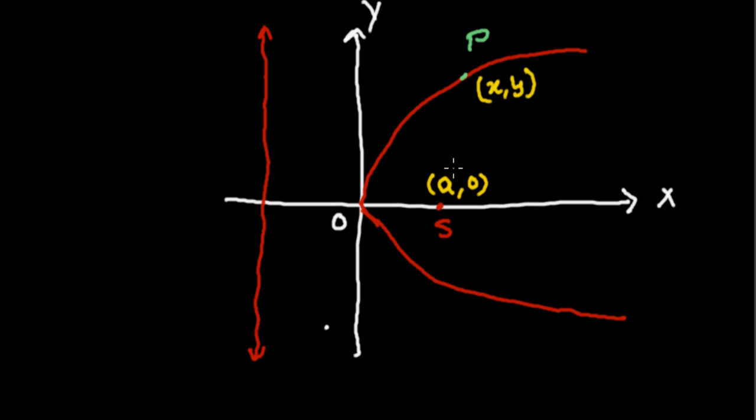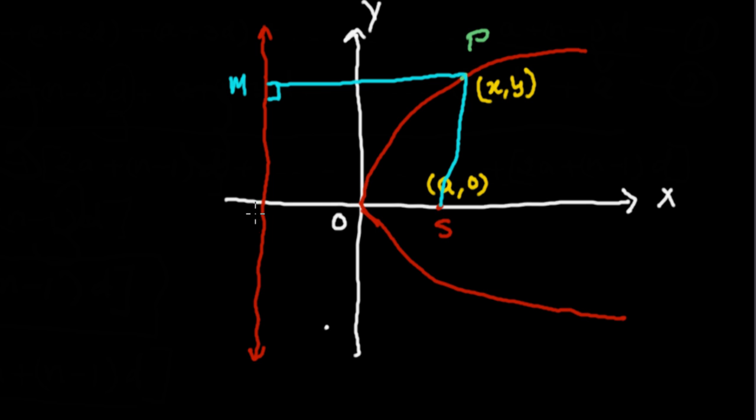So we join SP, and PM is the perpendicular on the directrix, because the distance from the vertex at the origin to the focus is equal to the distance of the directrix.